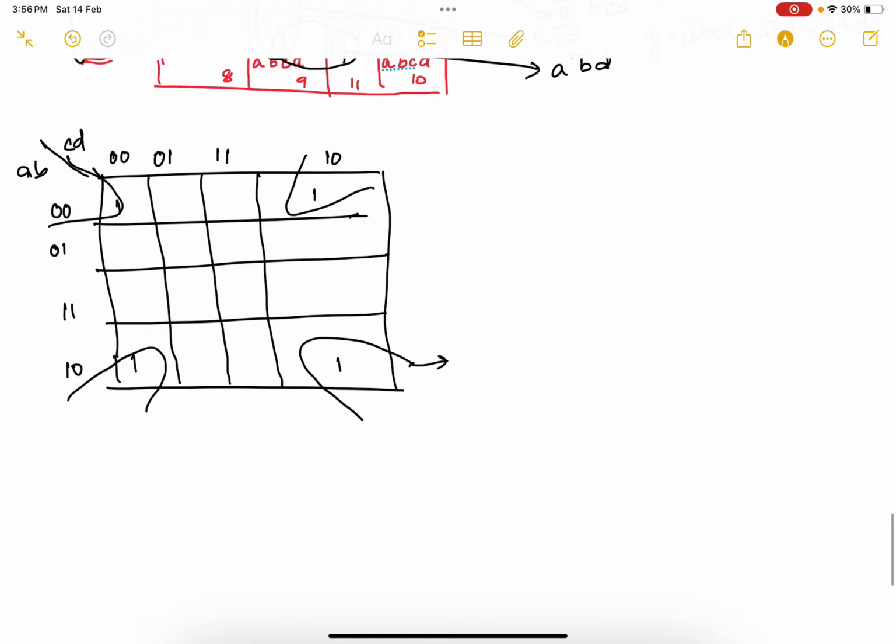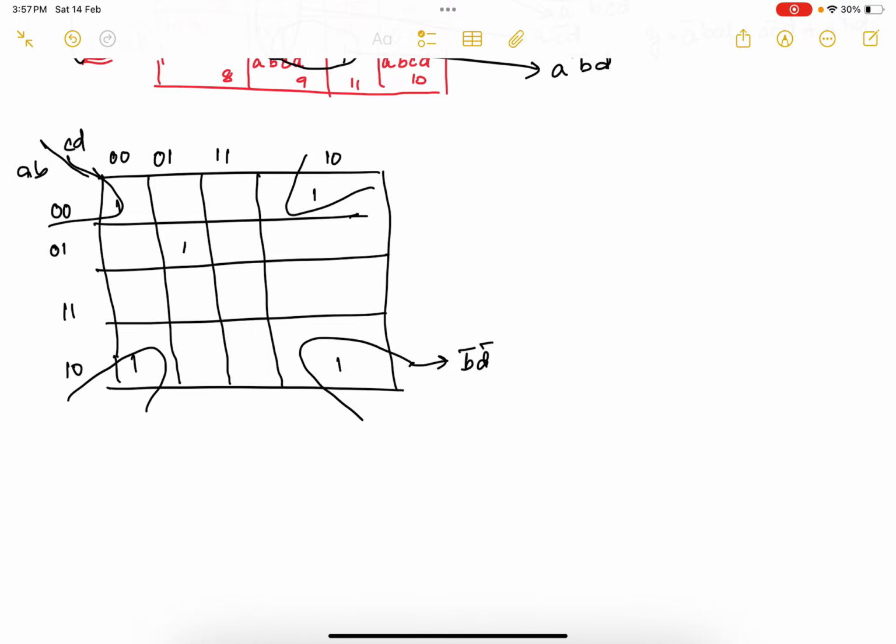Because all are adjacent to one another, we can form a quad like this. For this quad, what is the answer? If we talk about these two, the common term is B bar. When you talk about first and last, the common term is D bar. So the answer for this particular quad is B bar D bar.